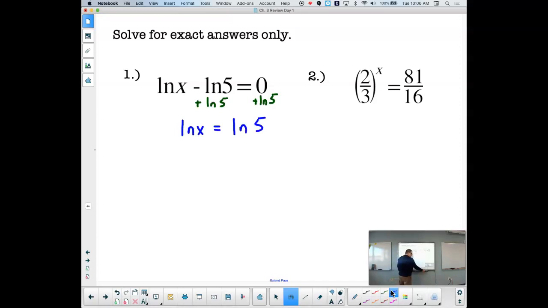And since my base or my logarithmic equation is the same on both sides, then the arguments, the purple arrows here, have to also be equal. So it would be here x equals 5 would be my answer.